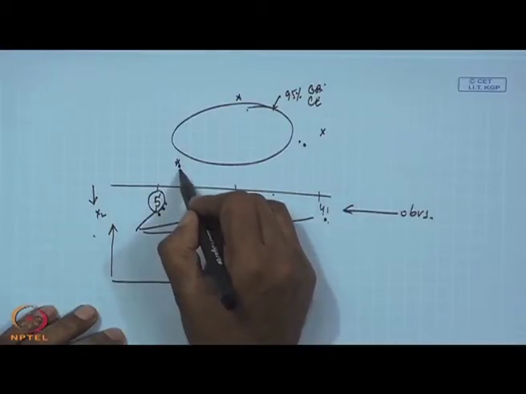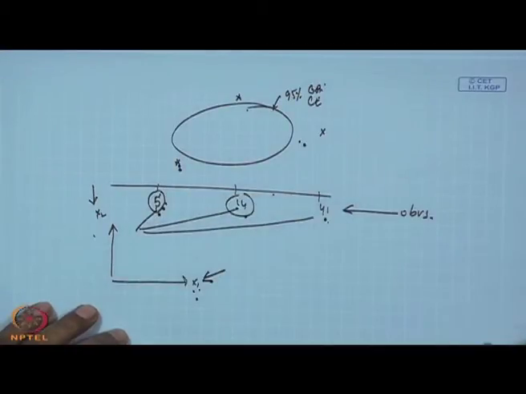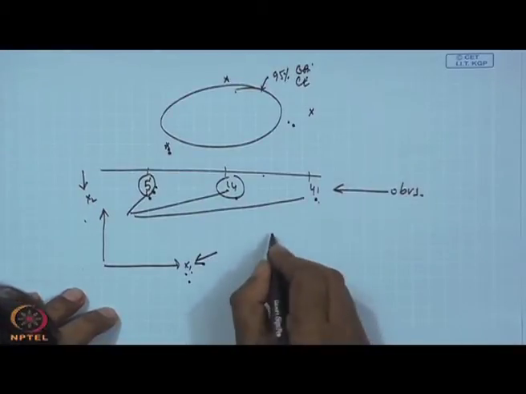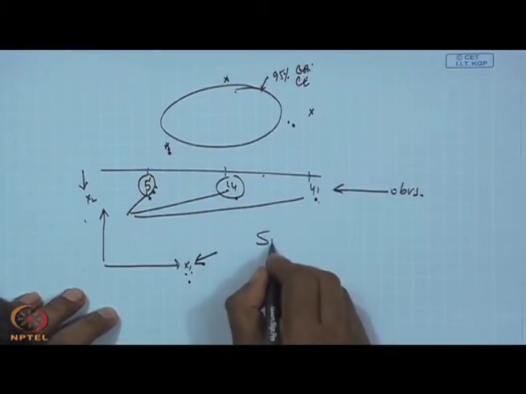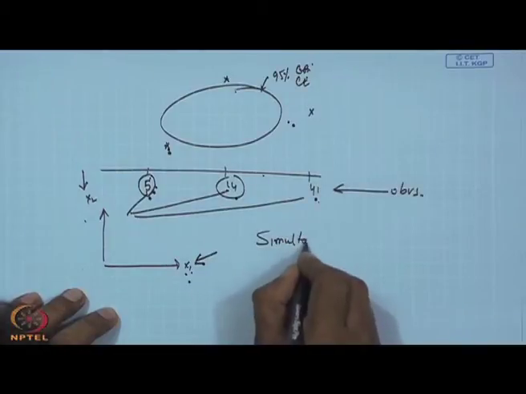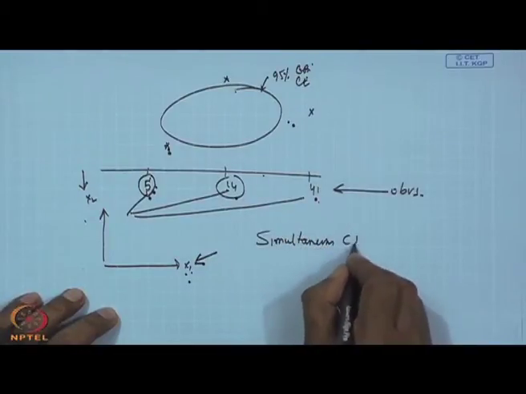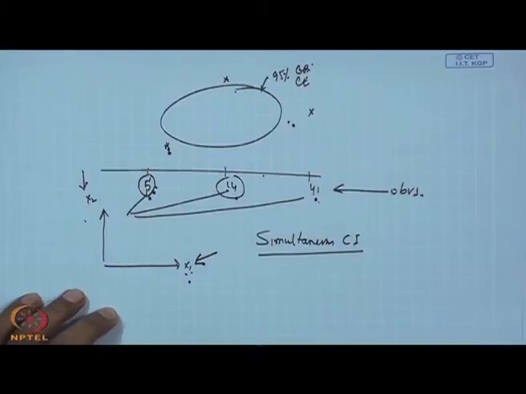We do not know that. You will know this only when you go for simultaneous confidence interval. Now we will discuss how you compute simultaneous confidence interval. It is a very important concept, and you will find its application and be happy to apply it in your project work.